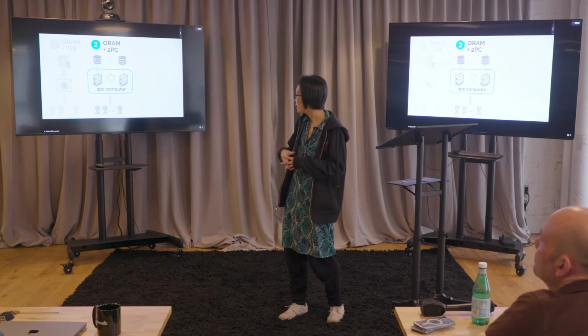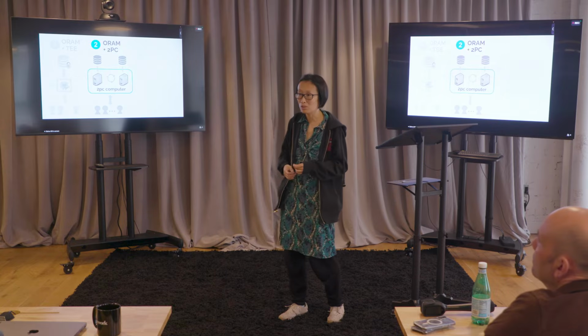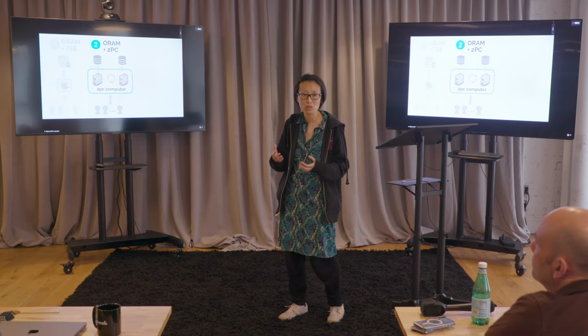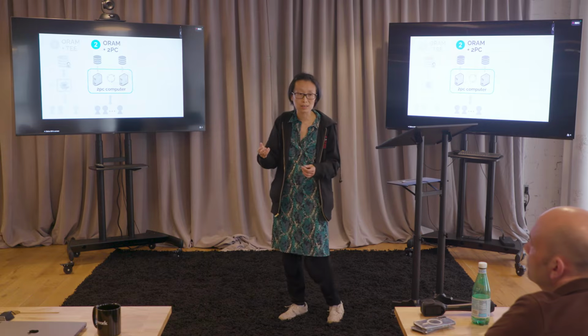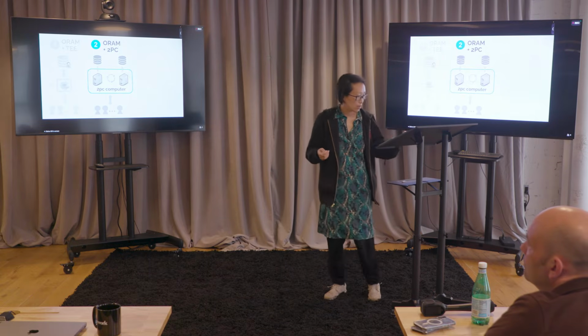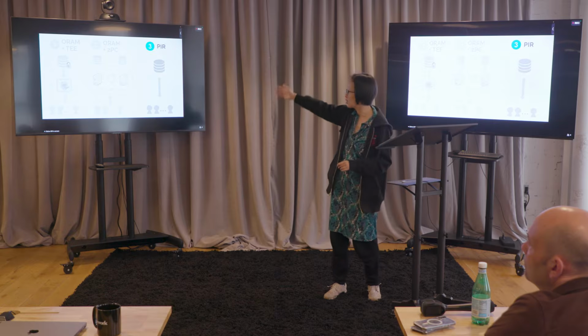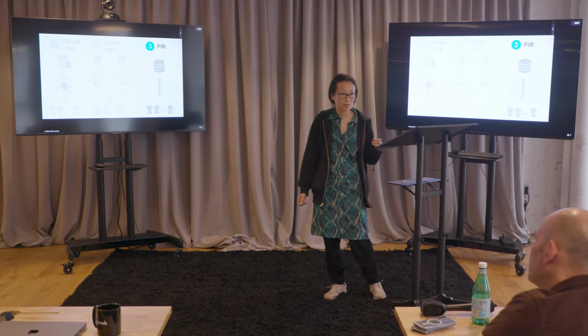So in the longer term, and perhaps it doesn't even have to be the longer term, you can think about replacing the TEE with two-party computation or multi-party computation. In this talk, I'm only going to focus on two-party, but everything I say will apply to multiple parties as well. So here, essentially, you are using this 2PC to realize a cryptographic computer that replaces the TEE. And of course, the third approach is just to use PIR itself.